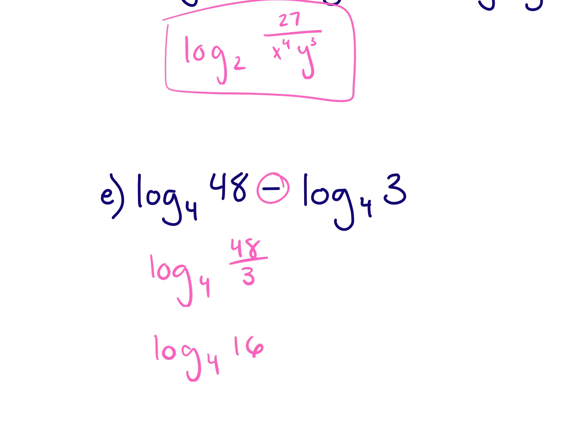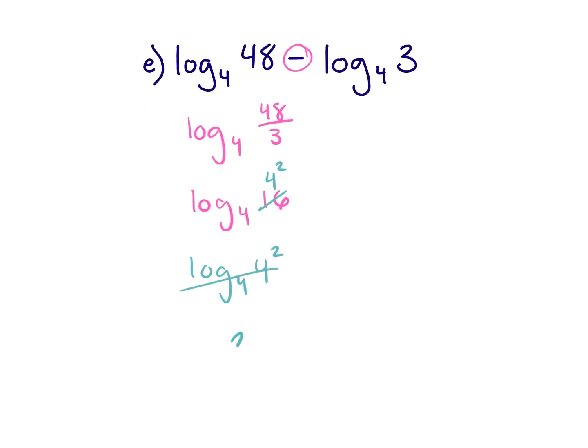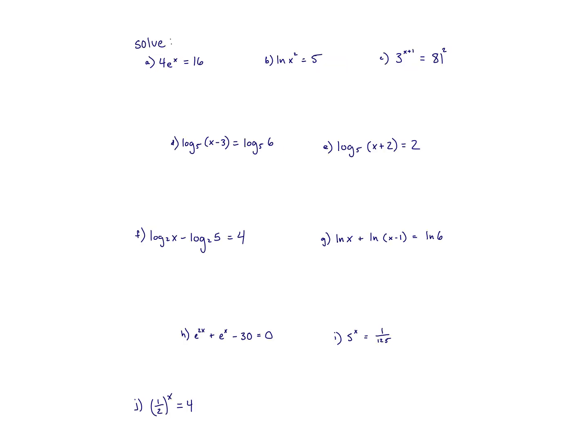So log base 4 of 16. Can we simplify this anymore? Awesome, we can change 16 to be 4 squared. So I have log base 4 of 4 squared, which would simplify to what? Just 2. Perfect.